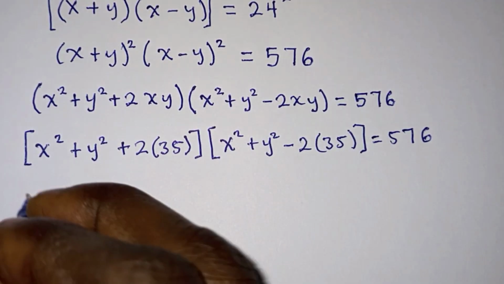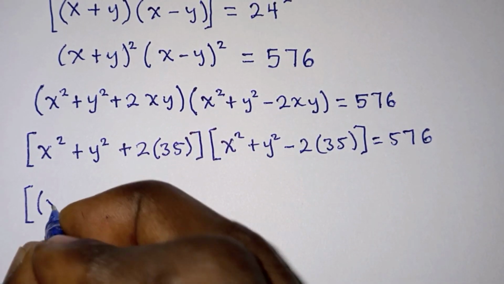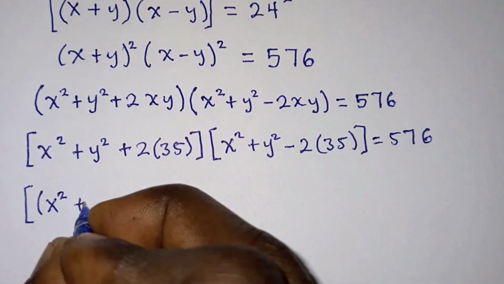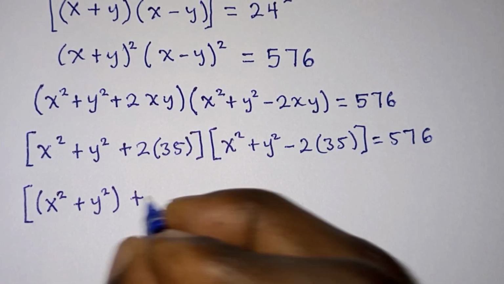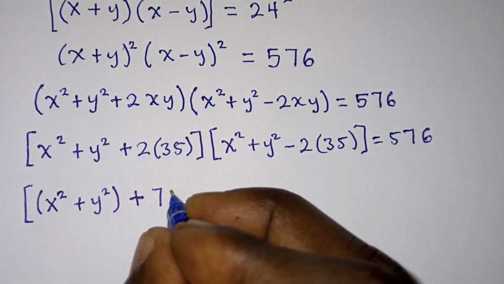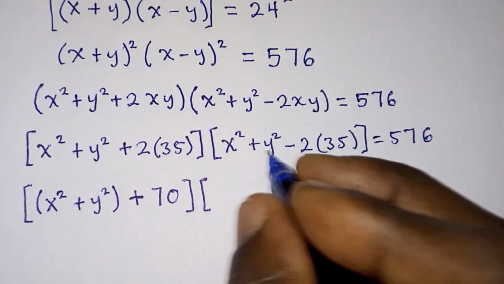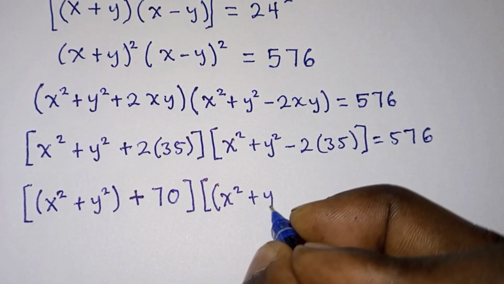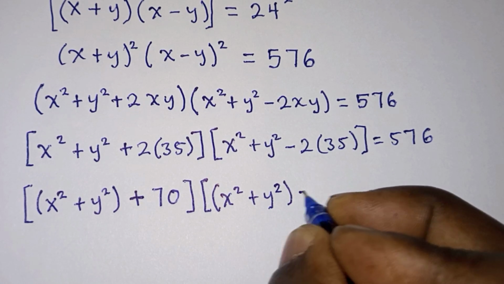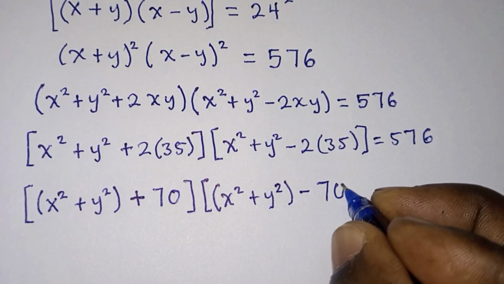And we can simplify this further. From here we have x squared plus y squared plus 2 times 35, that is 70, times x squared plus y squared minus 2 times 35, which is also negative 70.